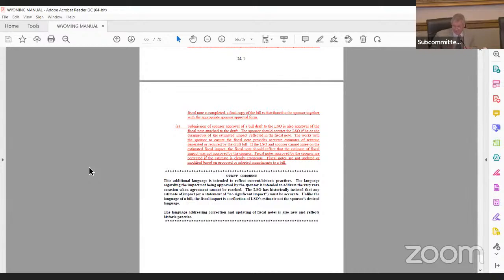And LSO is like, well, yeah, but it's also our fiscal note. And LSO's reputation is on the line. And again, Mr. Chairman, once you go down that road and say you get to put on fiscal notes whatever the bill sponsor wants, you're really opening the barn door, in my opinion.